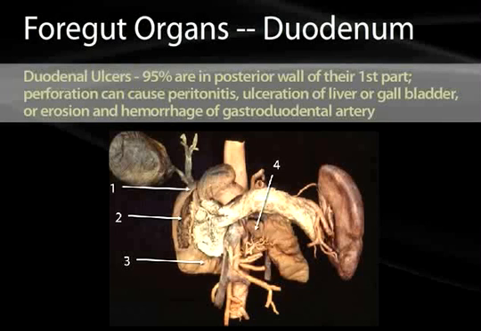Most of the duodenal ulcers are in the posterior wall of the first part and can erode through and cause a perforation of the gastroduodenal artery. Ulceration of the liver or even gallbladder are possible because of the erosions.